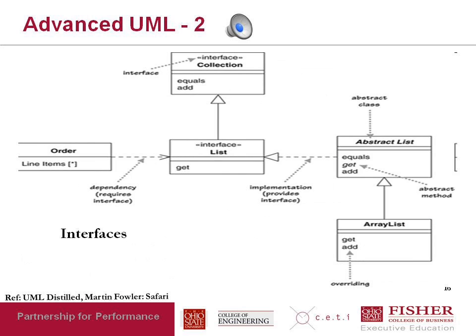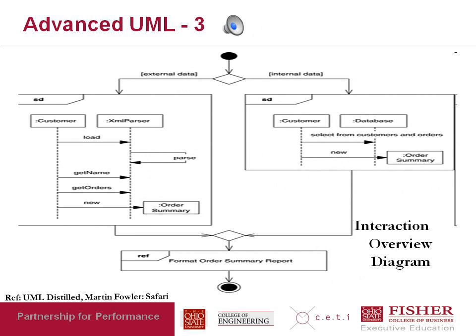So here's another advanced UML notation. Here, you saw class diagrams earlier. Here are those same class diagrams extended with an extended notation to show interfaces. Interaction overview diagrams are variants on activity diagrams that show an overview of the control flow.